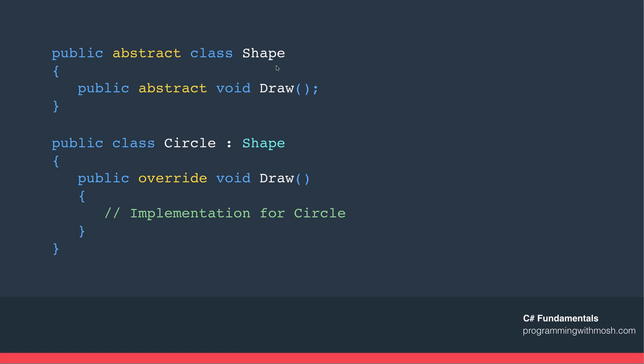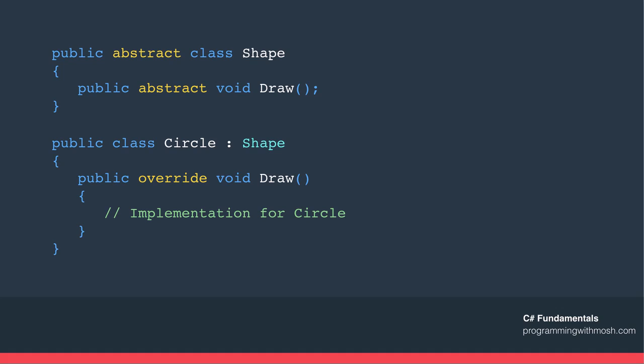So here, the shape class is declared as abstract. With this declaration, we are telling that the shape class is missing implementation and that implementation needs to be provided by its derived classes. In a derived class like circle, we simply override the abstract methods in the base class. So abstract methods are inherently virtual and can provide polymorphic behavior, as you have seen earlier in this section.